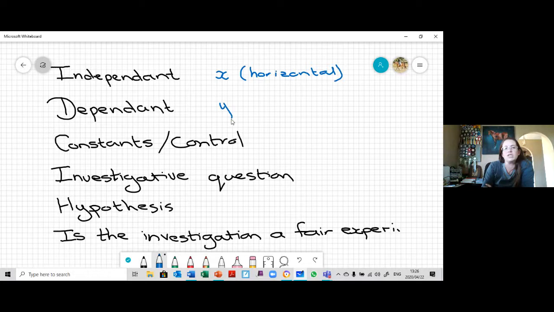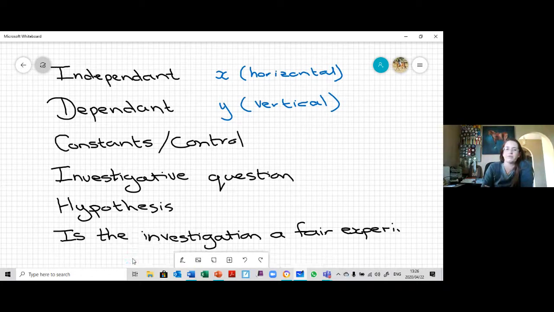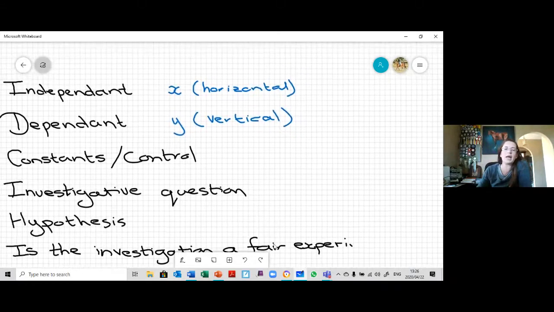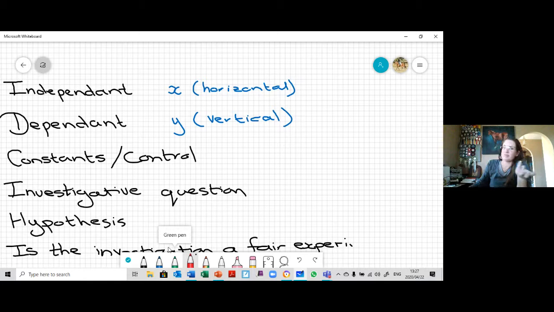Your dependent will be on the y, which is your vertical. But if they don't give you a graph, you need to ask yourself a question or two. What I like to ask myself is always, what am I measuring?